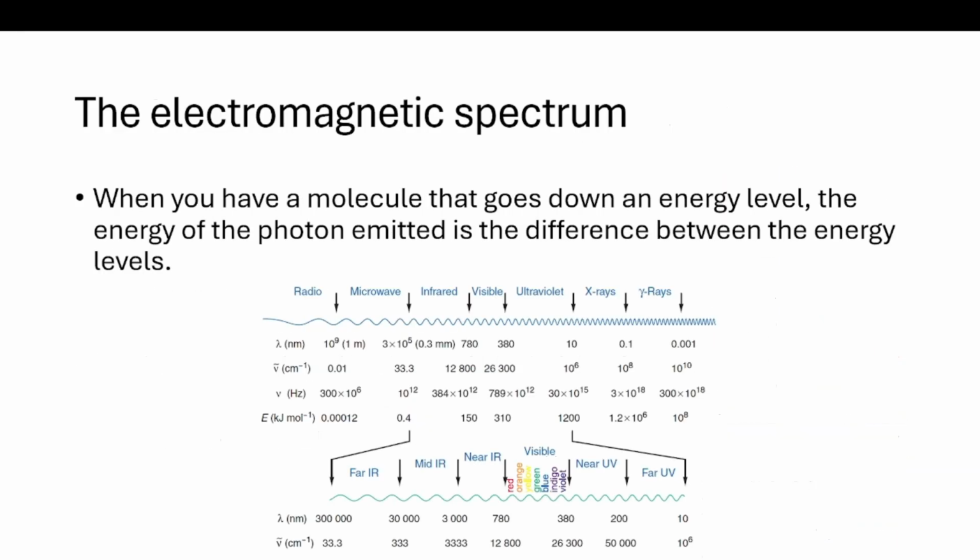As for the electromagnetic spectrum, photons can have different frequencies. In the radio section of the EM spectrum, the frequency is very low compared to something like gamma rays, and therefore the energy is less, since energy is directly proportional to frequency.